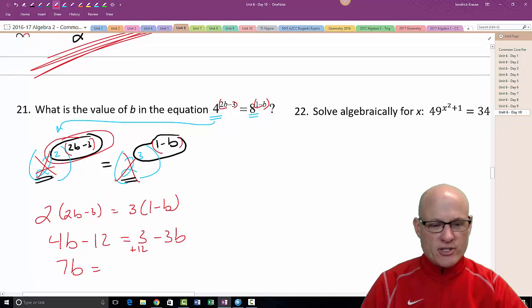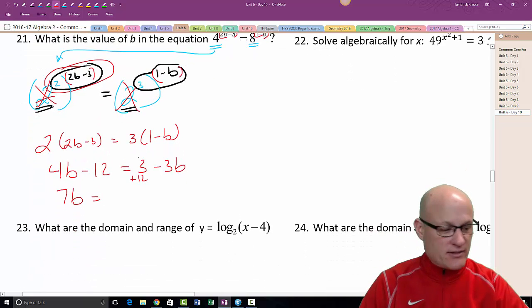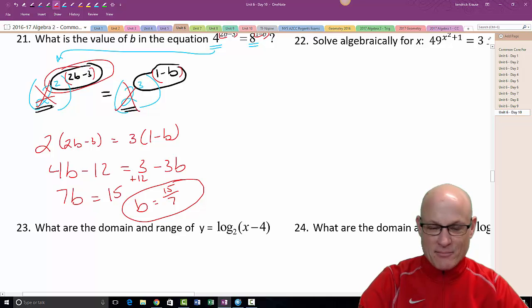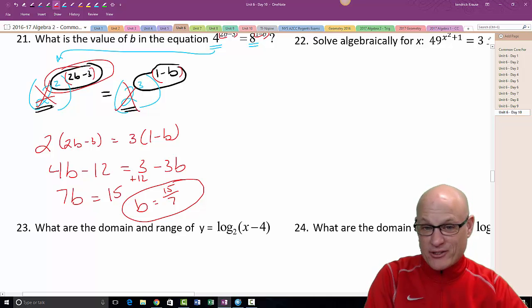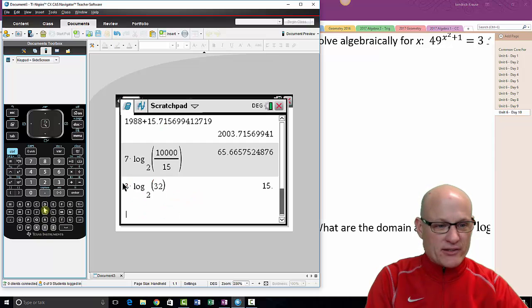Well, I'm going to check my answer because my answer here doesn't match the answer I put up on the answer key. So I got 15 here. So I get b equals 15 over 7. Now that doesn't match what I have on my written answer key. So that bothers me a little bit. So I probably should have checked these, but I like to make mistakes every once in a while.